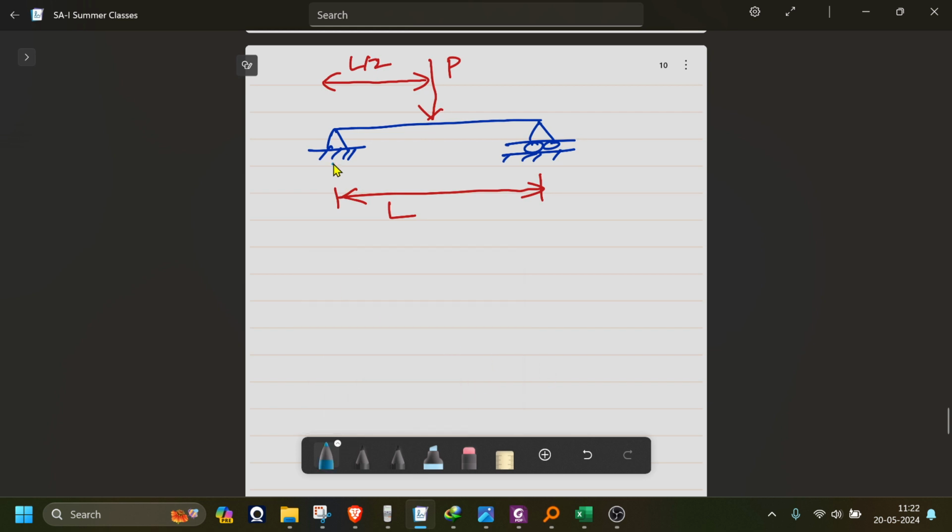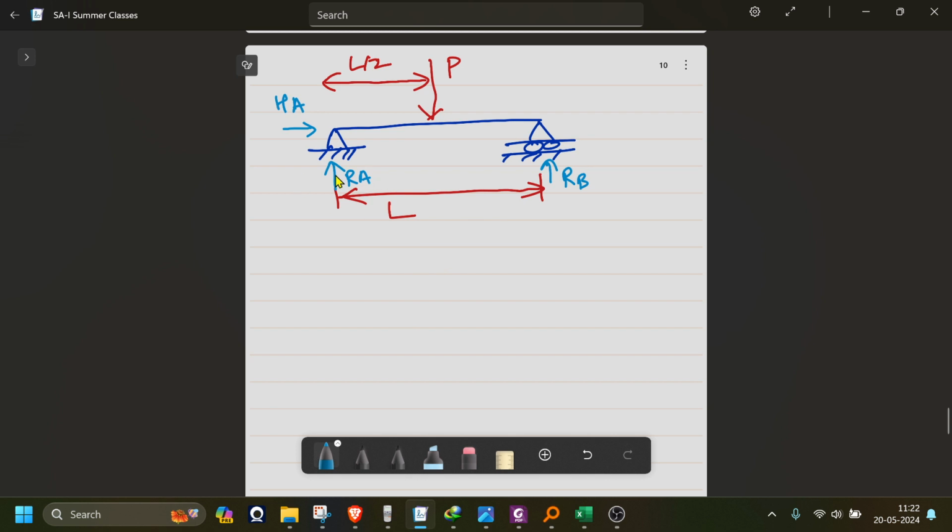One vertical will be RA, another vertical will be RB, and since this is a hinge support, there will be a horizontal reaction HA. So how do we find HA, RA and RB?